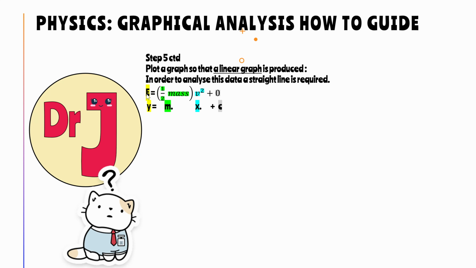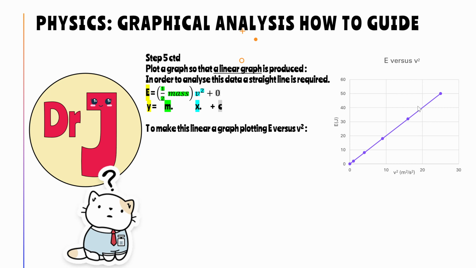What we do is we have a look at the equation and see how we've got these quantities lined up in our highlighted way. If I was to plot y versus x, where y is equal to the energy and the x-axis is equal to v squared, then I will end up with a line. So this is what I'd end up with, and this is what I would be using.